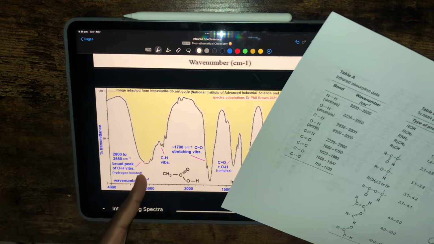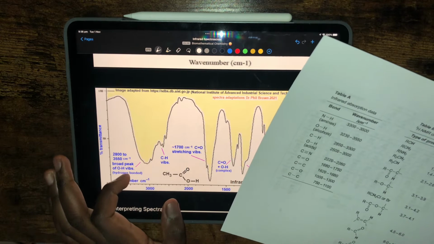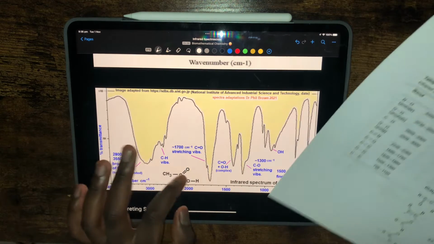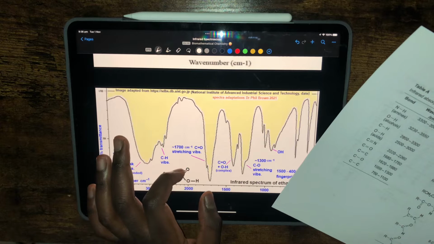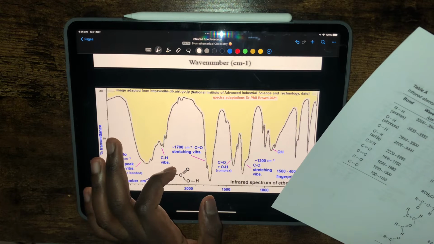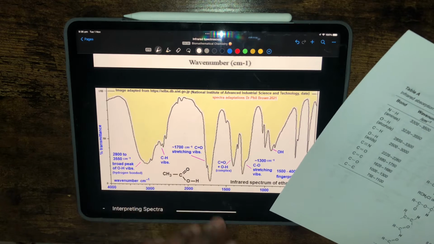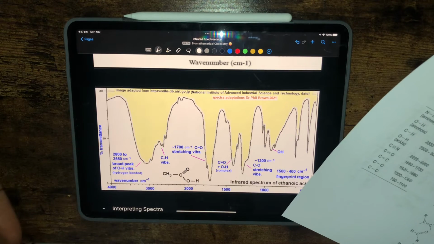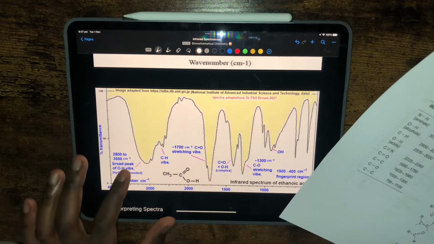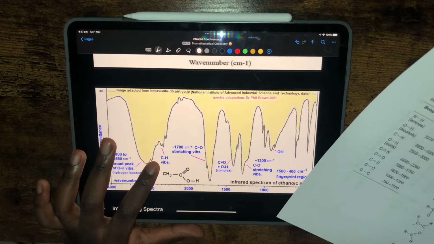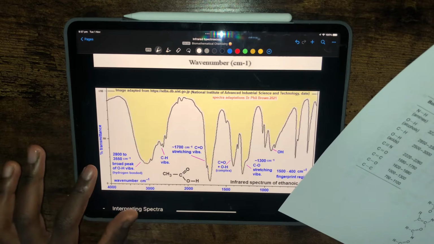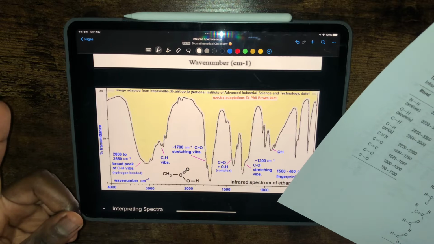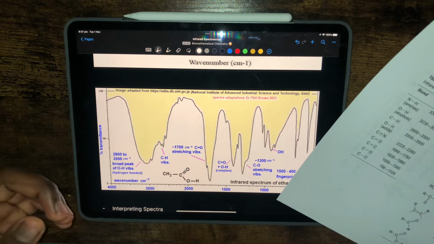That's where the general peak is, and that means it is a carboxylic acid OH. Then there's one in this example between 1680 and 1750, and that represents the carbonyl bond. That's exactly how you say it in the exam. You say there's a peak between 2500 and 3000 cm⁻¹, which means there's a carboxylic OH or an acid OH.